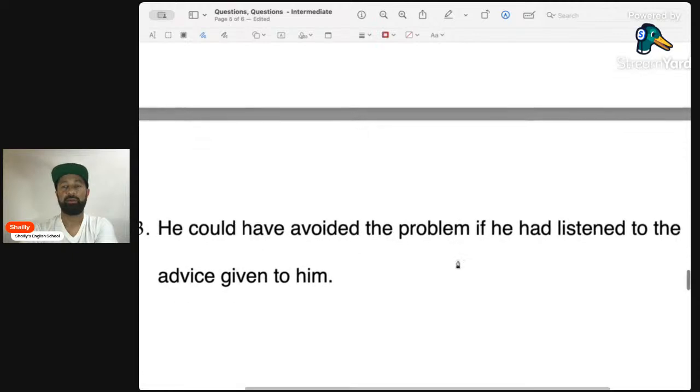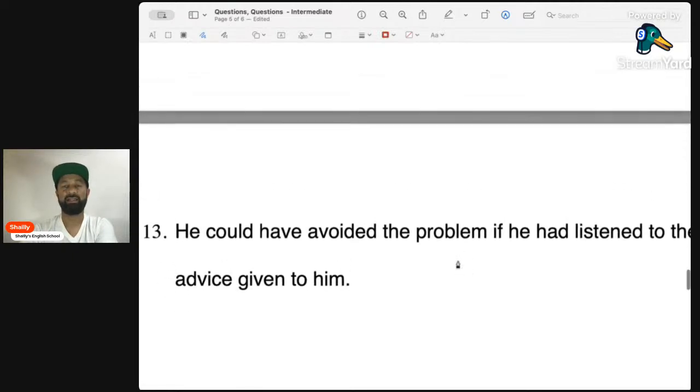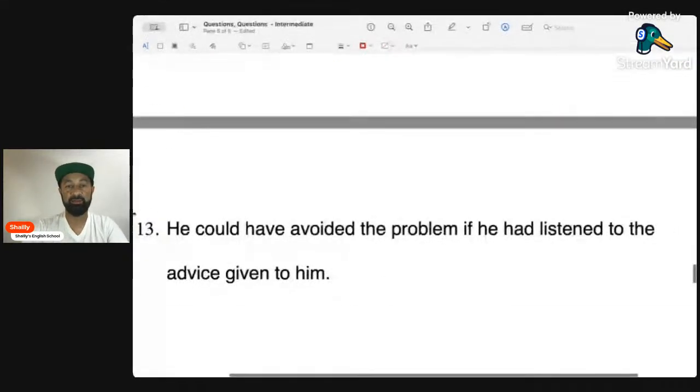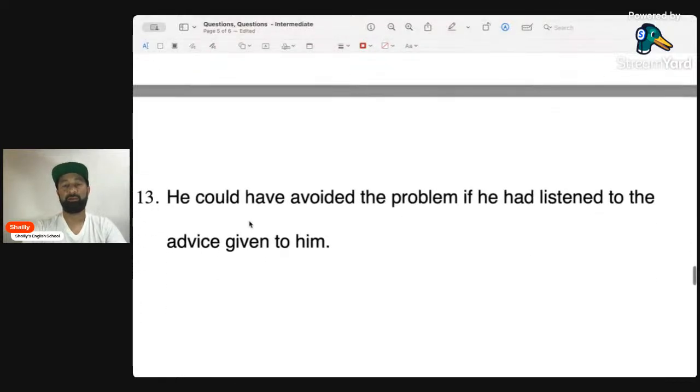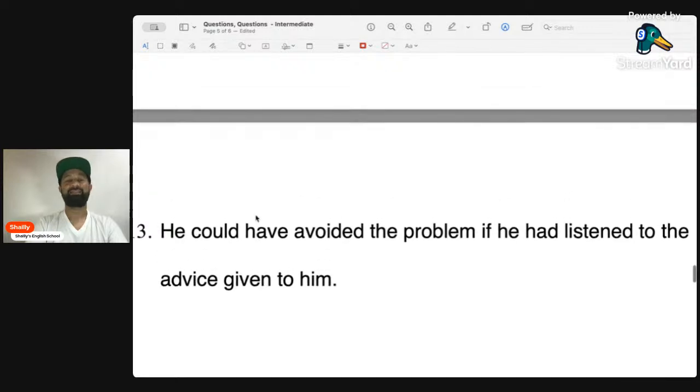Let's do number 13. Let's just make the page a little bigger. There we go. He could have avoided the problem if he had listened to the advice given to him.